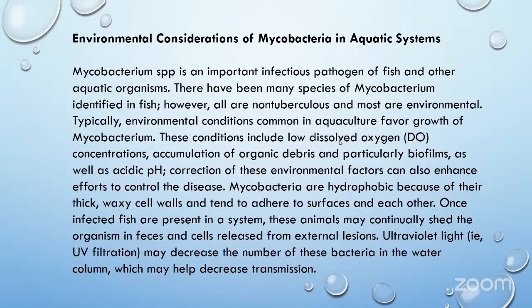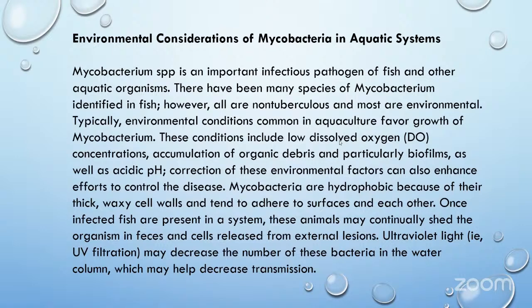Mycobacterium species is an important infectious pathogen of fish and other aquatic organisms. There have been many species of Mycobacterium identified in fish. However, all are non-tuberculous and most are environmental. Typically, environmental conditions common in aquaculture favor the growth of Mycobacterium.